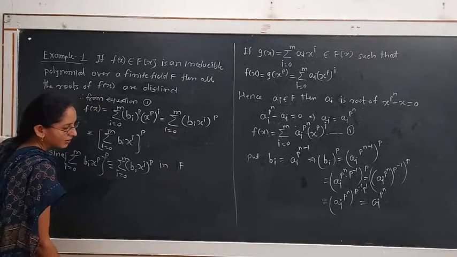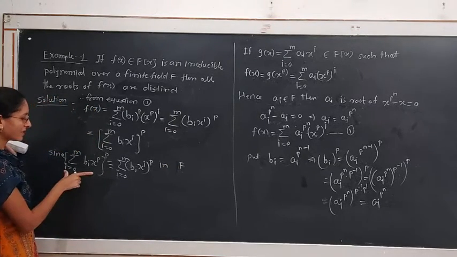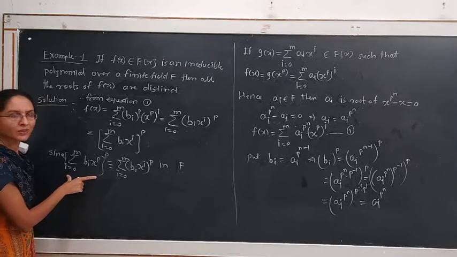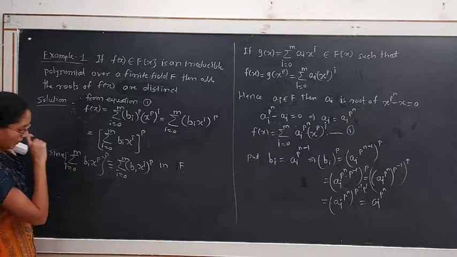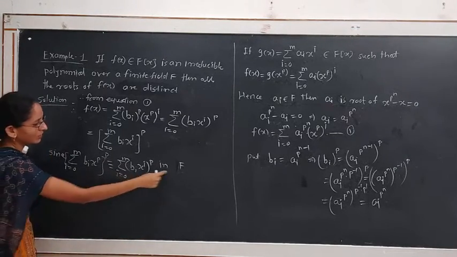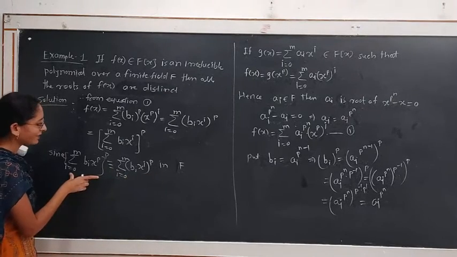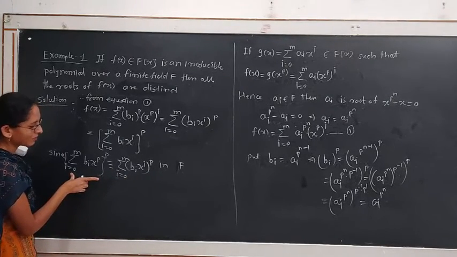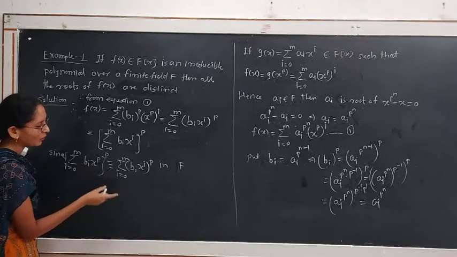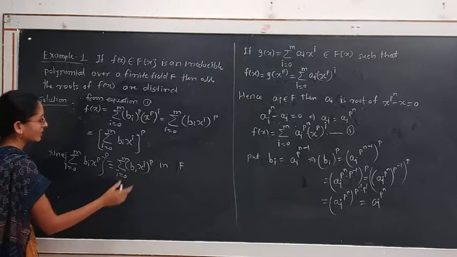In this field whose characteristic is p, if we expand this sum, we can write each term of the sum congruent modulo p, that is, in F. We get this expression.